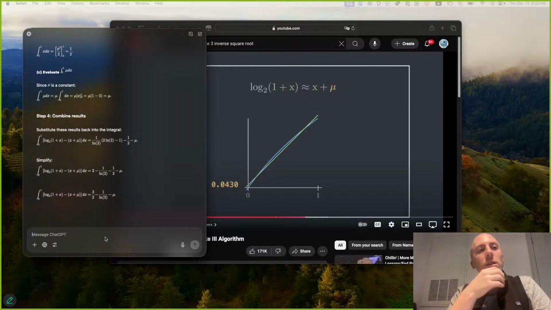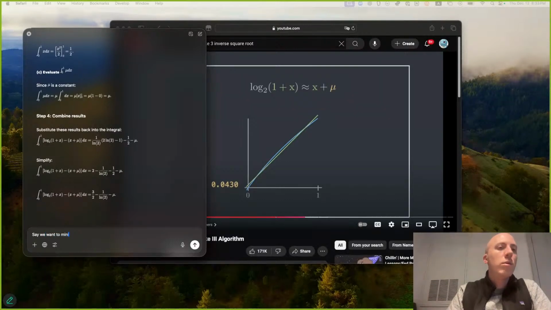So now I'm curious, with the absolute value thing, say we want to minimize that function, the resulting function of mu, to pick the value of mu which makes the absolute value of that expression as small as possible.